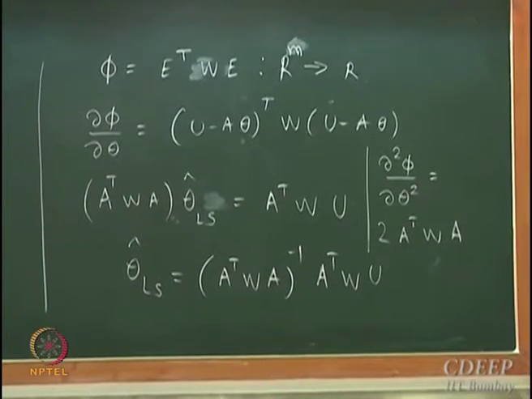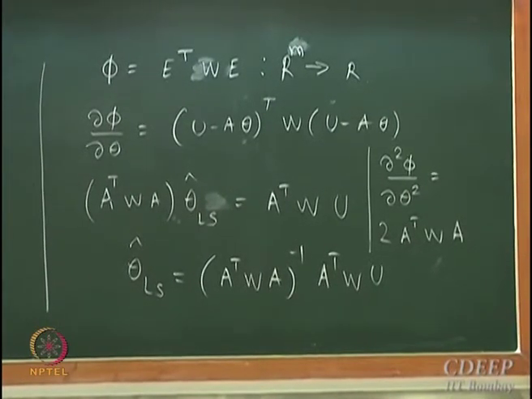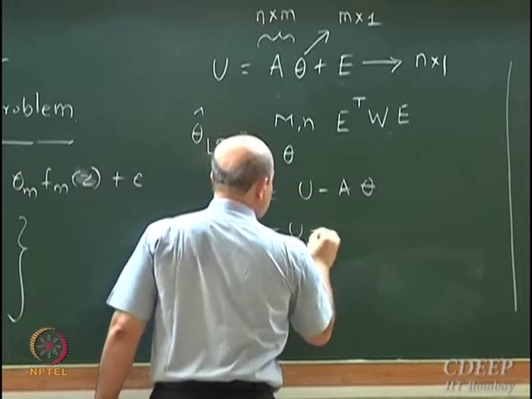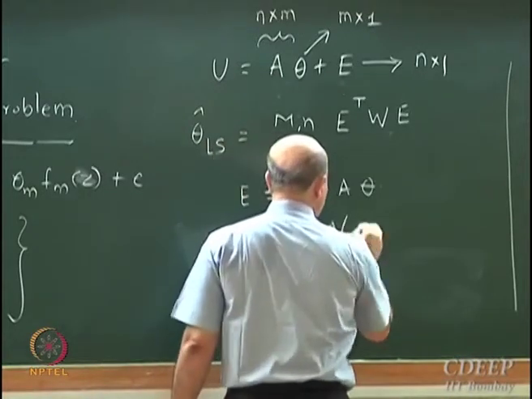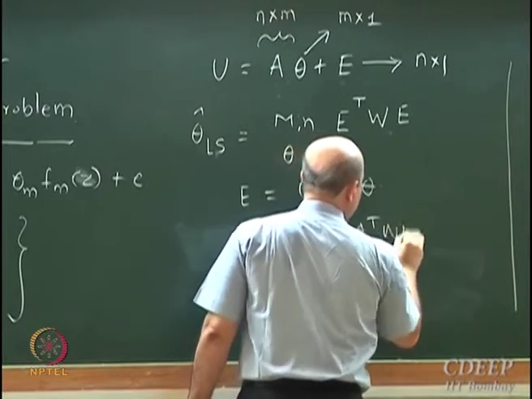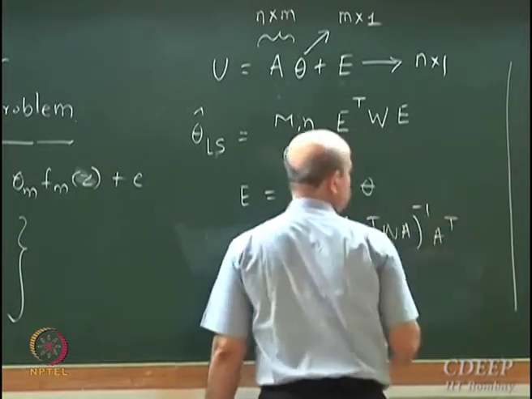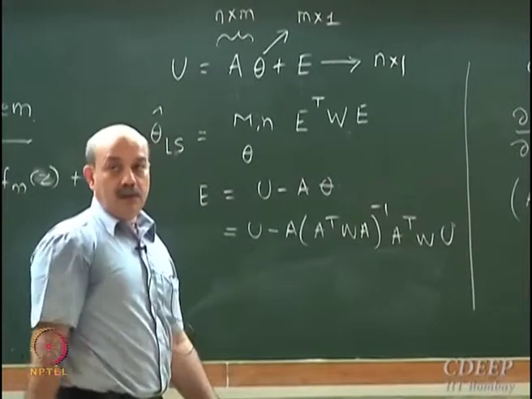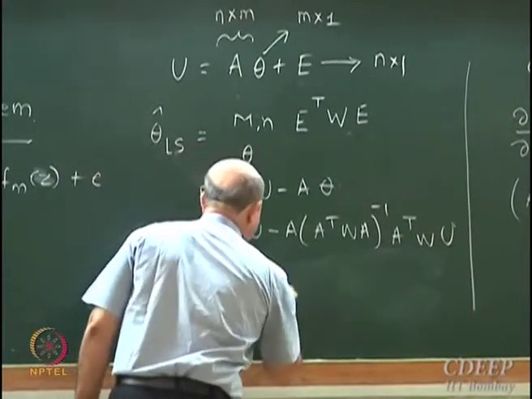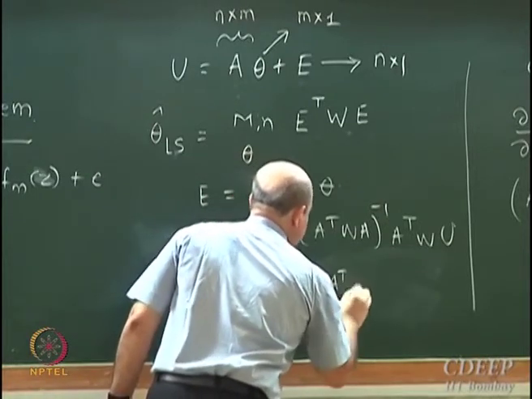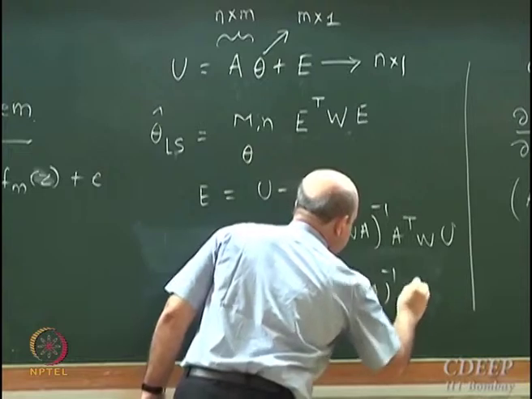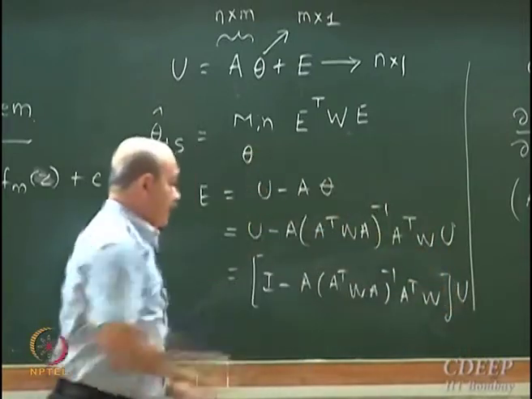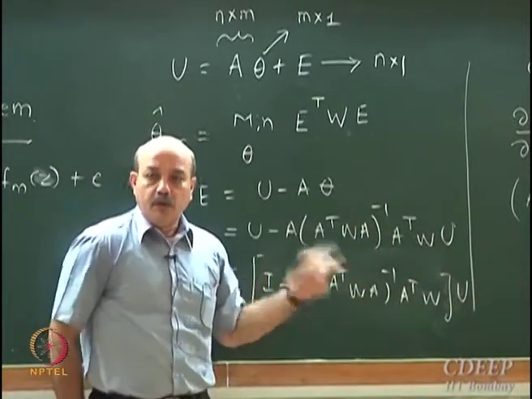So E is equal to U minus A times (A transpose W A) inverse A transpose W U. I can write this as I minus A (A transpose W A) inverse A transpose W, times U. Unless this matrix is 0, you will not get exact satisfaction.